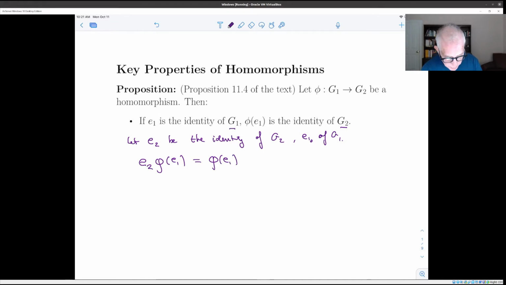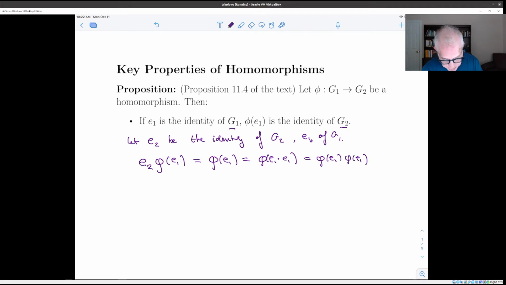But phi of E1 has to equal phi of E1 times E1, because in G1, E1 times E1 is the identity. And by the homomorphism property, that has to equal phi of E1 times phi of E1.